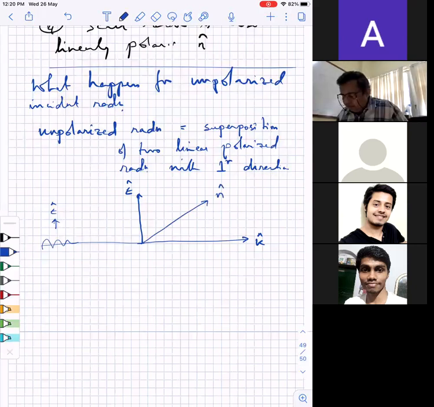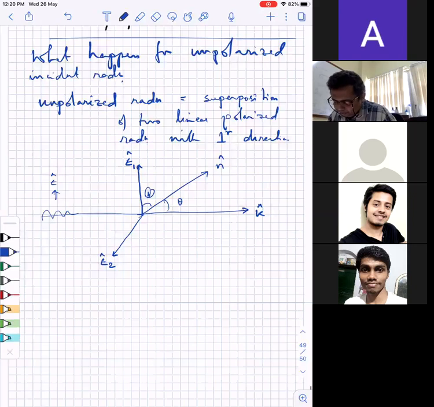This angle was big theta; let me call this angle small theta. Perpendicular to this there will be another polarization direction, epsilon 2, which is 90 degrees to this plane. So this angle is pi by 2.